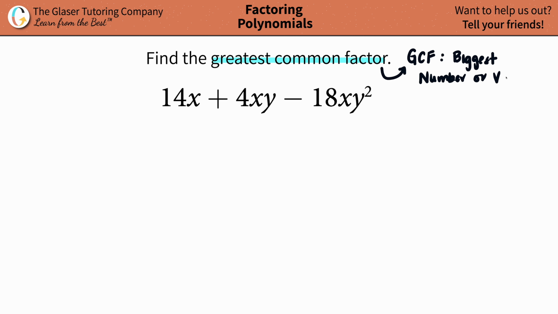The biggest number or the biggest variable that is common, right? And if you're talking about factors, we are talking about stuff that is being divided. So it's the biggest number or variable that can be divided between the terms.